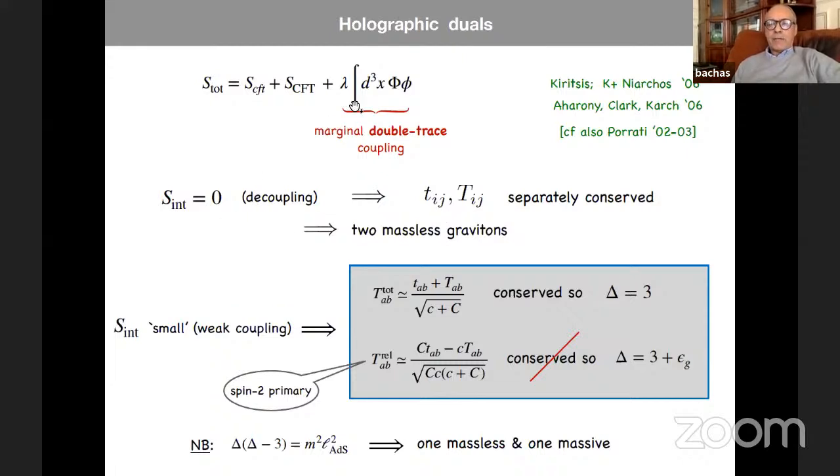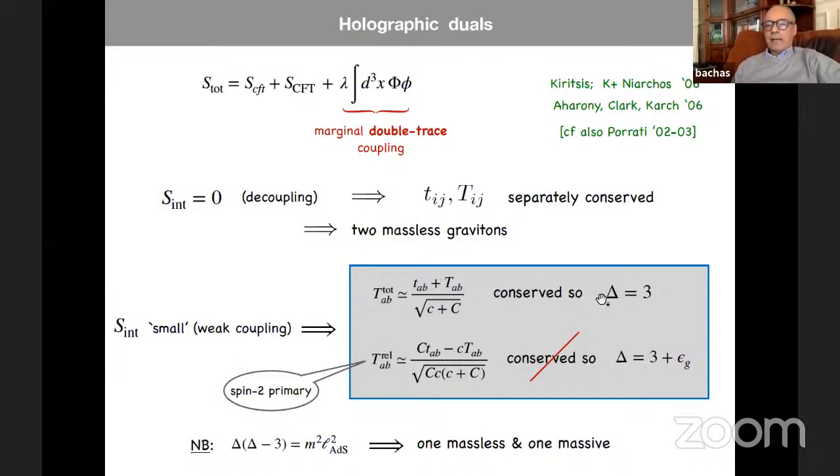Before coupling the universes, each CFT has a separately conserved energy momentum tensor, T, lowercase t, capital T. Now, when you couple them together, the total energy momentum tensor, sorry, I changed IJ to AB here, it's the same object. So the total energy momentum tensor is still conserved.